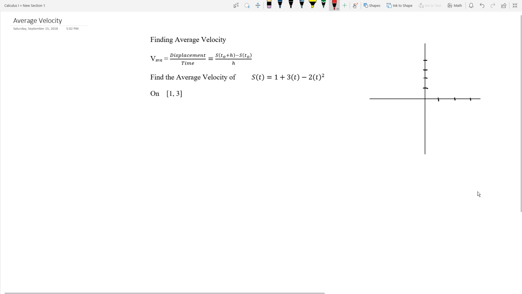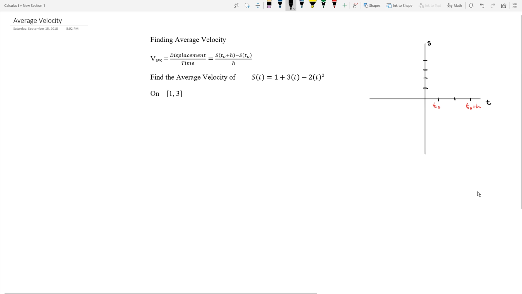And what that actually means is that for t sub 0 and t sub 0 plus h, what they've given us is along that time. So we would say that the x-axis is actually time. So it's the speed of an object over time.